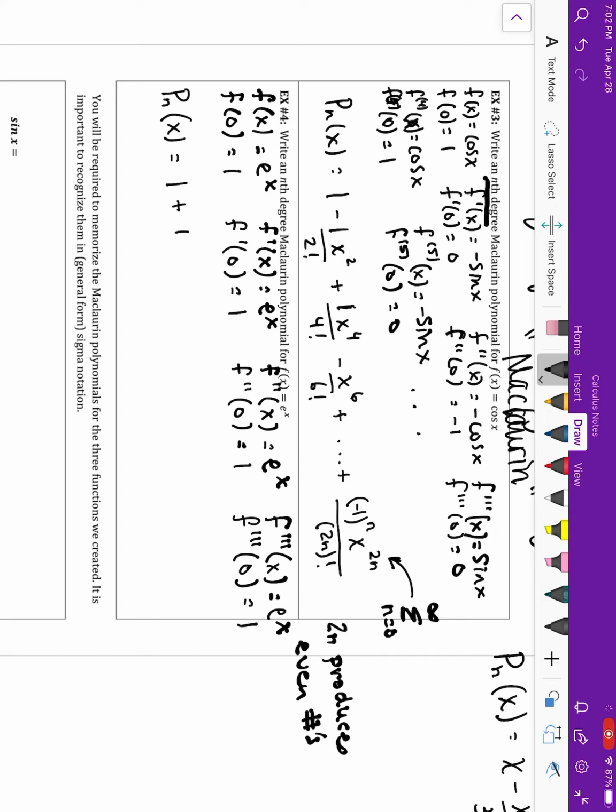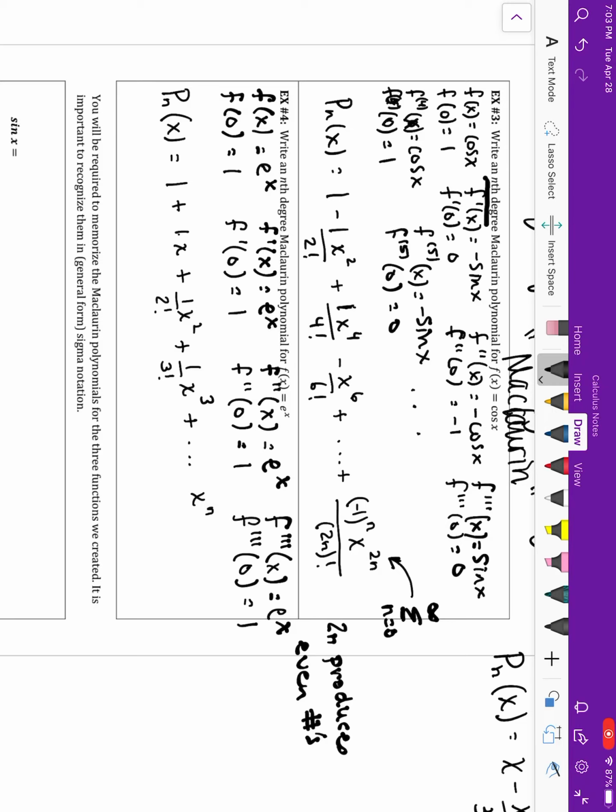I have plus f prime of 0 divided by 0 factorial, divided by 1 factorial times x to the 1. Plus, and then this is 1 divided by 2 factorial times x to the 2. And this is 1 divided by 3 factorial times x to the 3. And you can see how that keeps going.